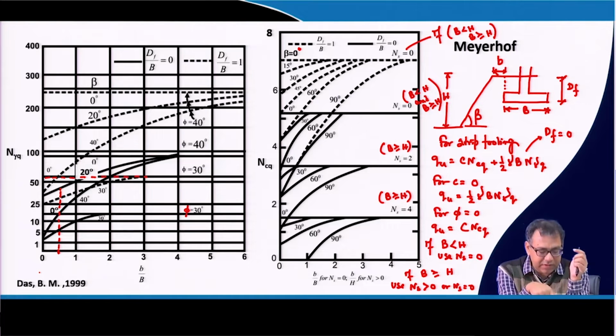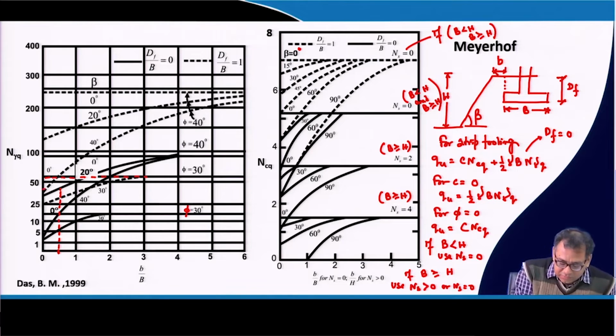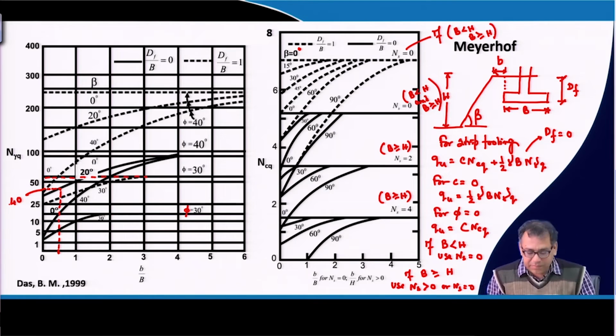Similar to here, it is a log scale. Okay. You can see that the 100 to 200 difference is more compared to 200 to 300, then 300 to 400, and so on. So, this is the value. It is 40. Okay. So, that means your N_gamma q is 40.